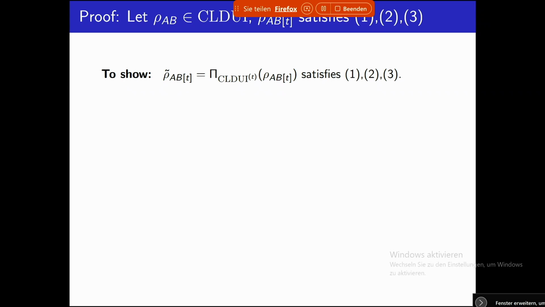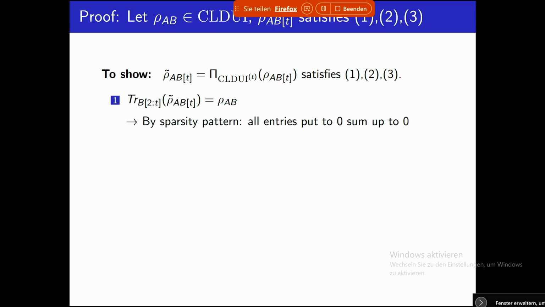So okay, we are given a CLDUI state, and we have an extended state satisfying the three properties of before. And now we want to argue that the projection onto CLDUIT still satisfies these three conditions. And for ease of notation, I call this rho tilde ABT. And okay, so we have three conditions to check. And two of them are easy, which are the linear conditions.